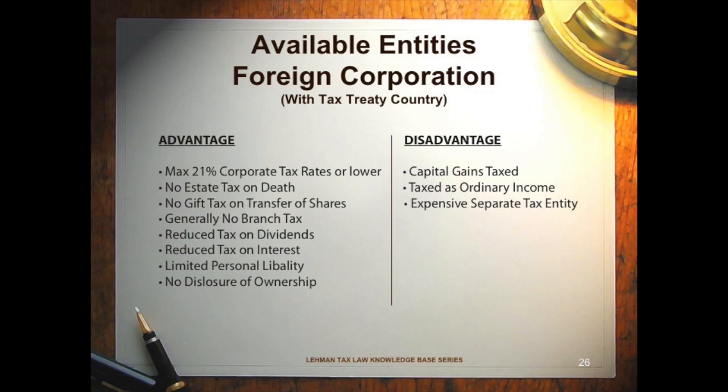And if you pay dividends and interest, having a treaty, the dividends and the interest are all going to be taxed at a much lower rate than 30%. There's also going to be limited personal liability, because you're in corporate form, and no disclosure of your ownership.